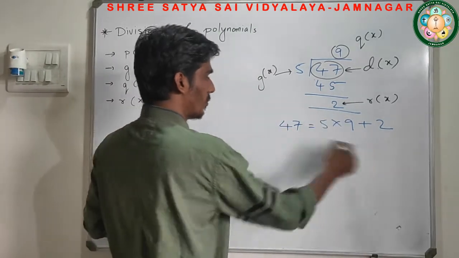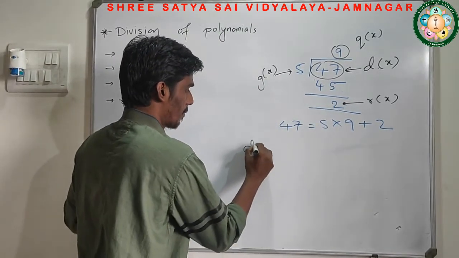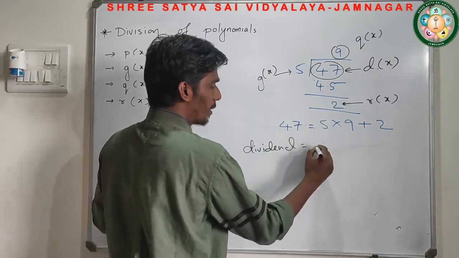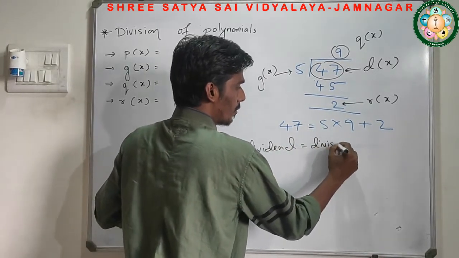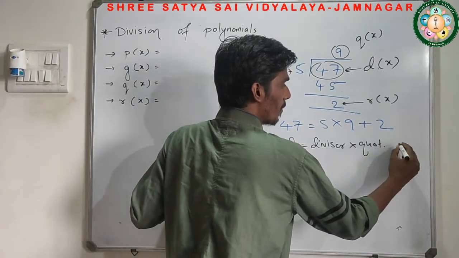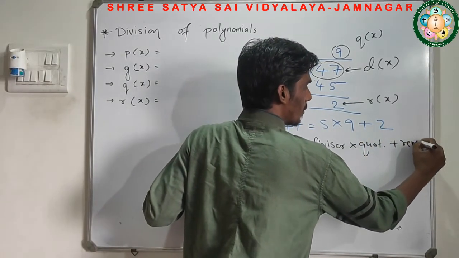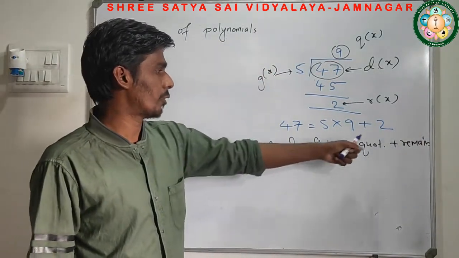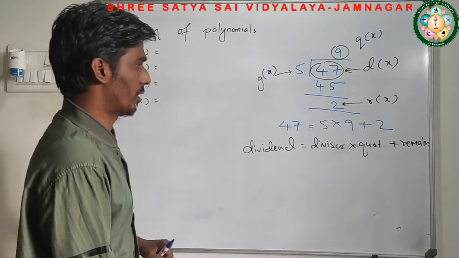So we can write: dividend equals divisor into quotient plus remainder.